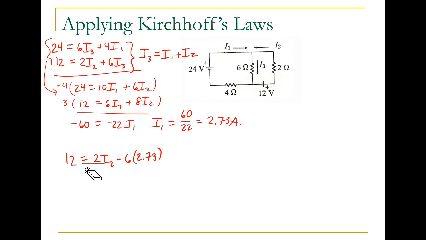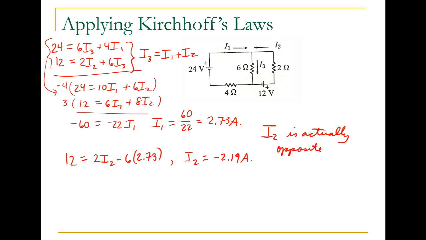And what I'm going to get when I solve this is a little bit troubling. I'm going to get that I2 is equal to negative 2.19 amps. You might get slightly different depending on rounding. But what this says is that I2 is actually opposite from what I have drawn.